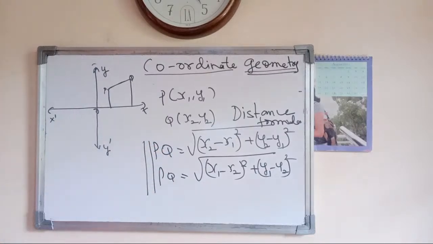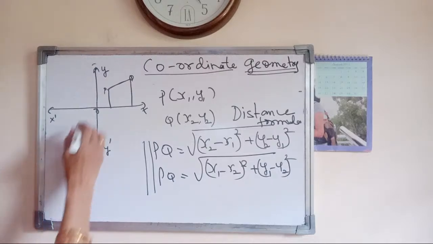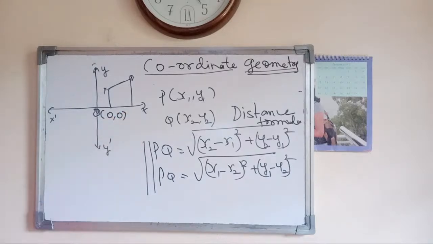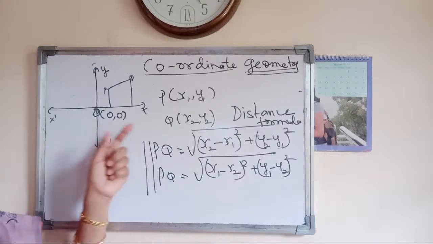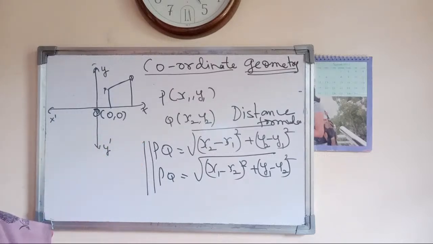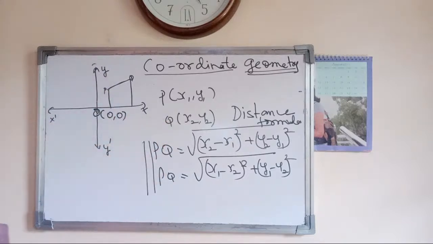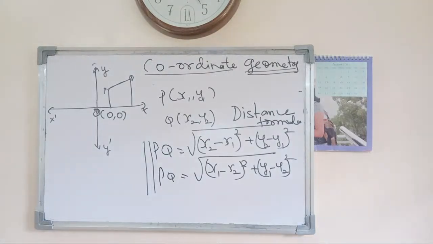Now the next question, suppose one of the points we consider is at the origin, and we know that the ordered pair of the origin is 0, 0, which we already learnt in 9th standard. The point where the 2 axes intersect gives the position called the origin. So the origin has the ordered pair 0, 0.